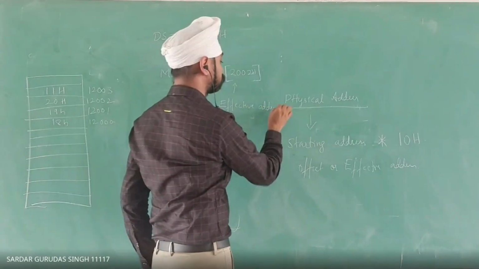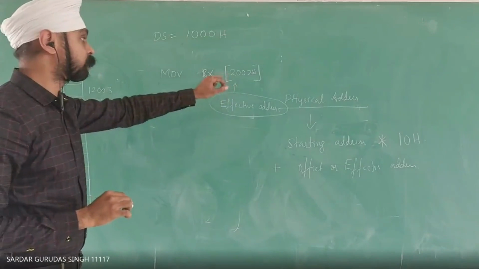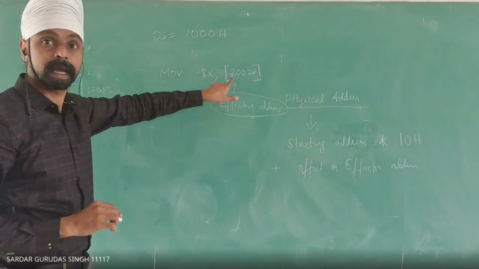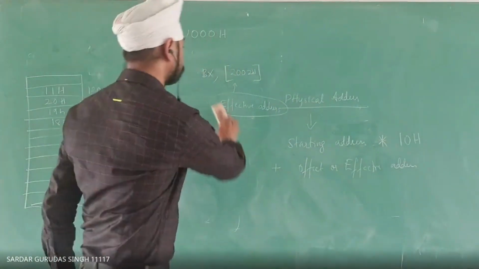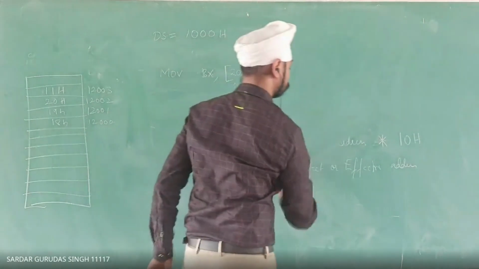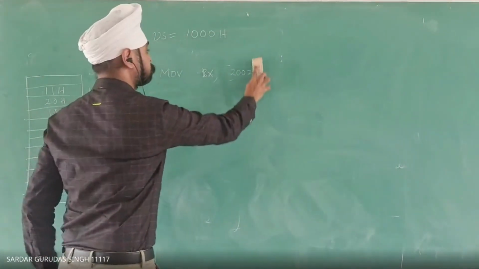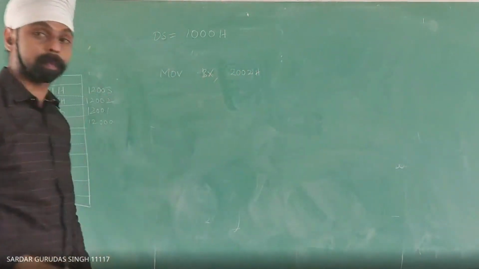This one you need to remember. If the square brackets are there in the instruction, it means that it is considered as an effective address. If I remove the square brackets, then it will be considered as operand.